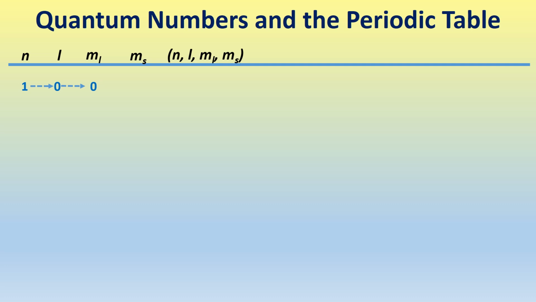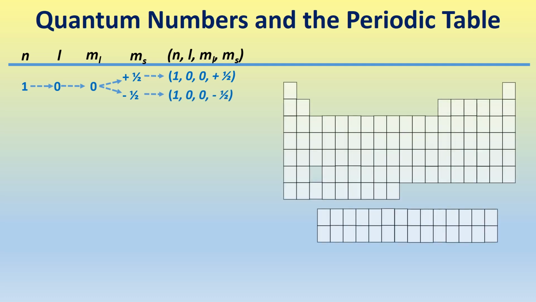And spin can either be plus a half, giving a set of numbers 1, 0, 0, plus a half, or minus a half, giving 1, 0, 0, minus a half. If you look at the periodic table, n equals 1 has only two possible values. On the periodic table, the first row only has two elements.